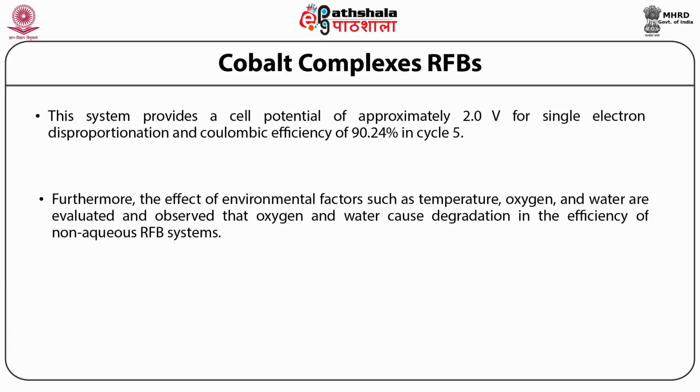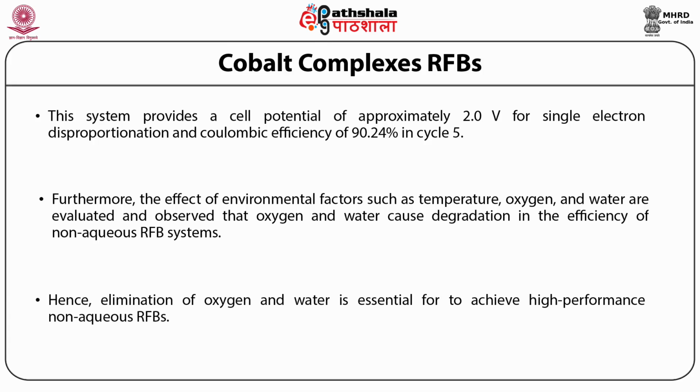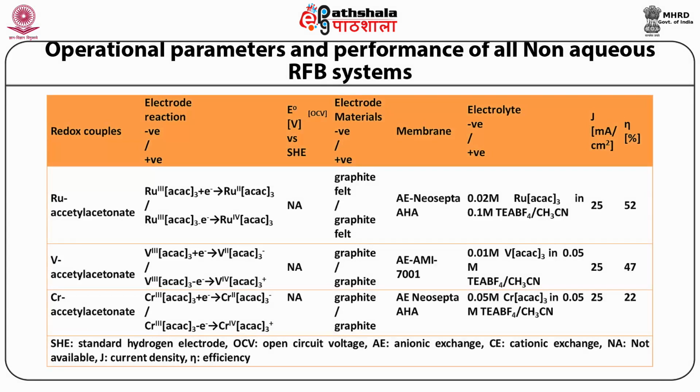that oxygen and water cause degradation in the efficiency of non-aqueous RFB systems. Hence, elimination of oxygen and water is essential in order to achieve high-performance non-aqueous RFBs. Operational parameters and performance of all non-aqueous RFB systems.